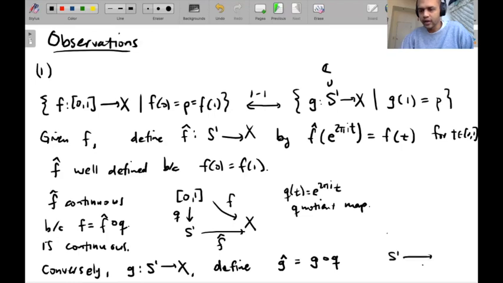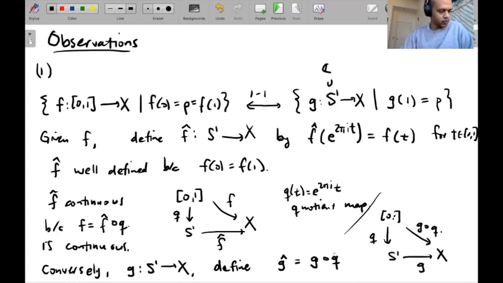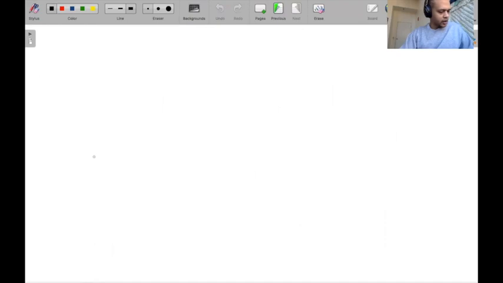If we start instead with a map like this, then we can get a map on the interval just by taking the composition. And if G has this base point property, then F will have the correct base point property. Okay, all right, so that's the first observation.